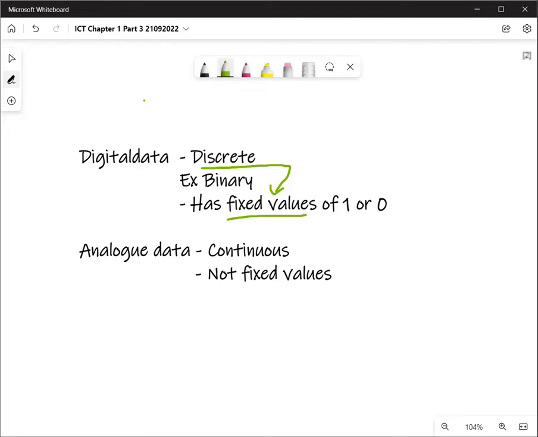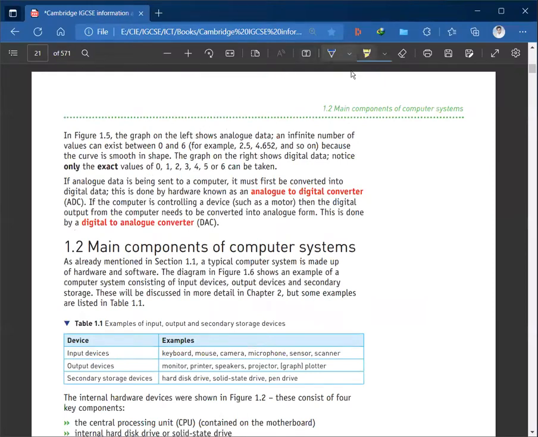All right, we're going to move on. Done, sir. Okay. Now right here, I want you to write this down as well. An analog to digital converter converts analog data to digital data. So just write it down in your notebook.